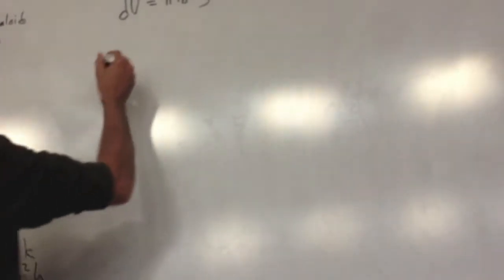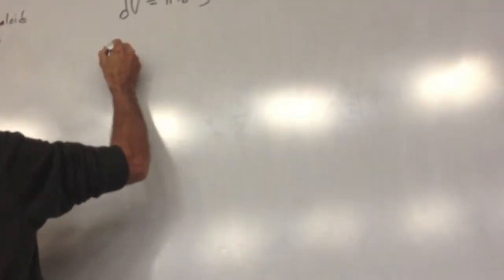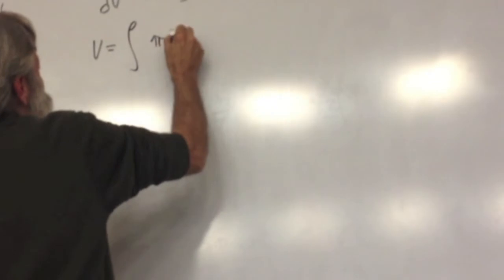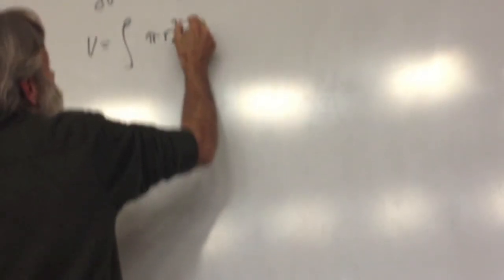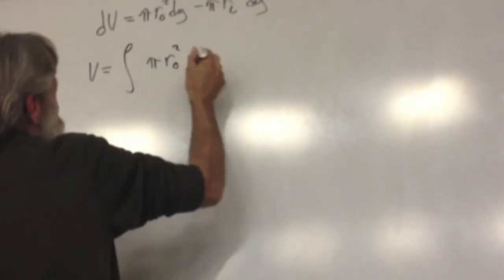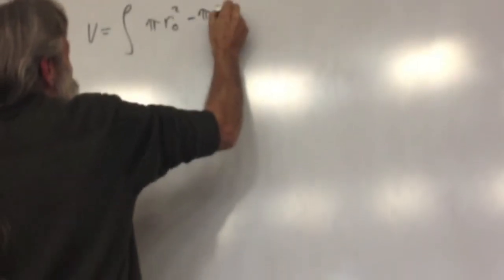Again, you could write it as the difference squared if you want. Then to get the full volume, we integrate the differential volume, so the volume is an integral of pi r outer squared minus pi r inner squared dy, putting these as one integral.